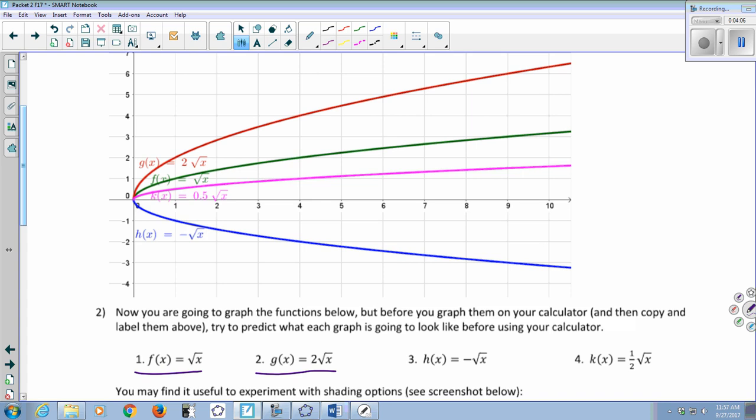So if I compare y values at the same x value, I have (1, 1) becomes (1, 1/2). And then (4, 2) becomes (4, 1). And (9, 3) becomes (9, 1 1/2). So it looks like my y coordinates are halving, 2 to 1, 3 to 1 1/2.